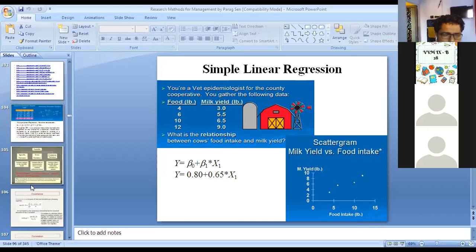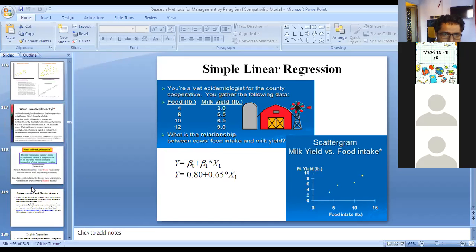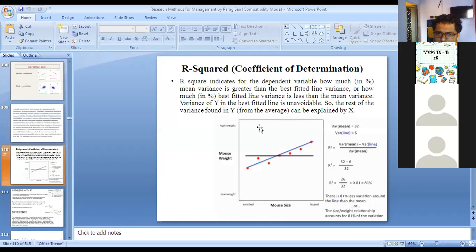Now if you think about the R square, suppose this is the best fitted line. I have previously told you the definition of best fitted line. What is known as the best fitted line? Best fitted line means where the variation will be least.